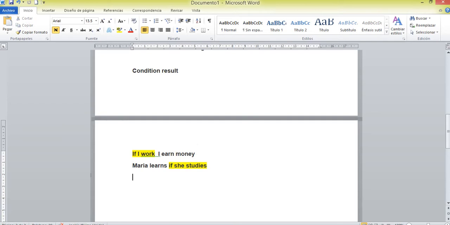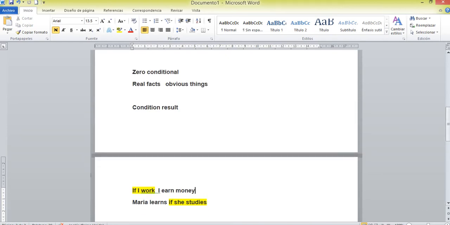In this moment, this is in this order: first the result, and then second the condition. Or in here we have first the condition, and then second the result. So it could be different. Important part. For zero conditional, the condition is going to be in simple present, as in this case, simple present.